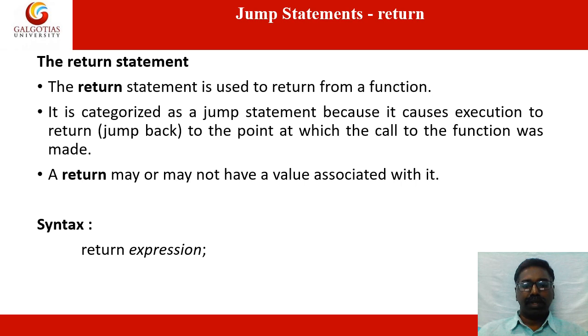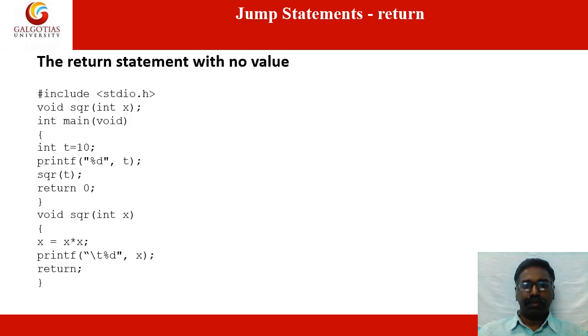This expression is declared inside the function and then that value is going to be returned back. It is optional only. As already said, the return statement may or may not have a return value associated with it. Here we have an example of a return statement with no return value, that means no value.